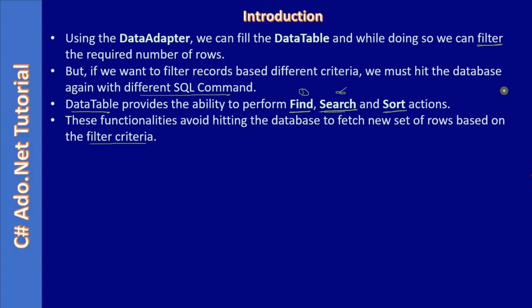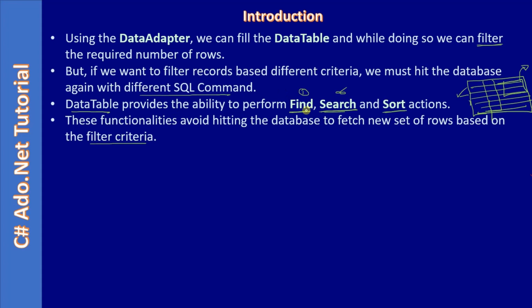So here, if we have the data table, we will have some n number of records. Then based on the find, you will pick one record and give it to any bound control, or you can use the search and filter some set of records, say 3 records, and give that.